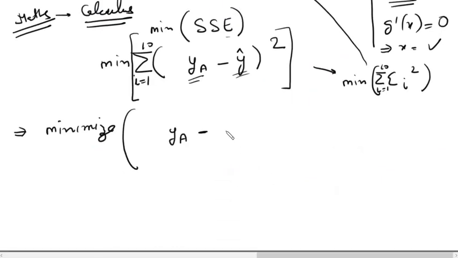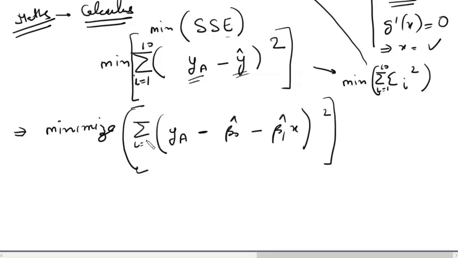So I will write that down here: actual minus beta naught hat minus beta 1 hat x, and square of this entire quantity. So we are trying to minimize the square of this entire quantity summed over 1 to 10. Now we have two unknowns in this equation: one is beta naught hat, and one is beta 1 hat.